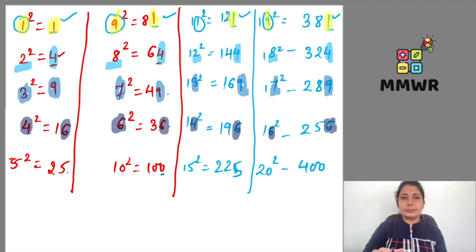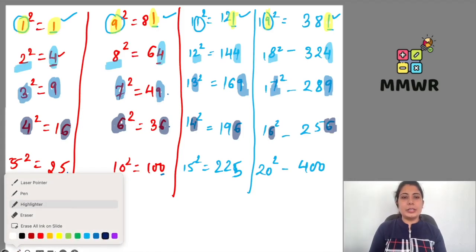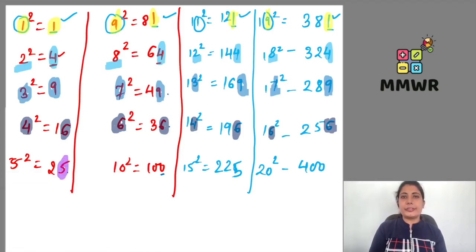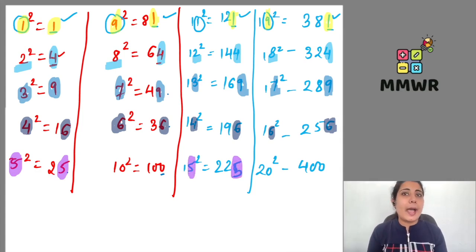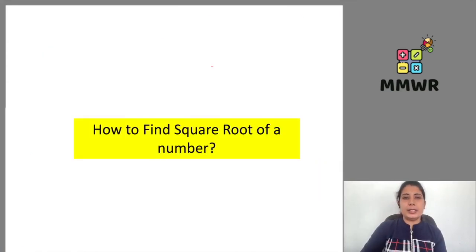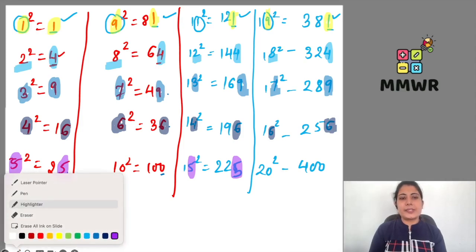Next, what can we conclude now? Next thing is about 5. Whenever 5 is there at the unit place, the perfect square is also going to end up with 5. We have seen how to find the square of a number which ends with the unit digit 5. We will always have 25 at the end.